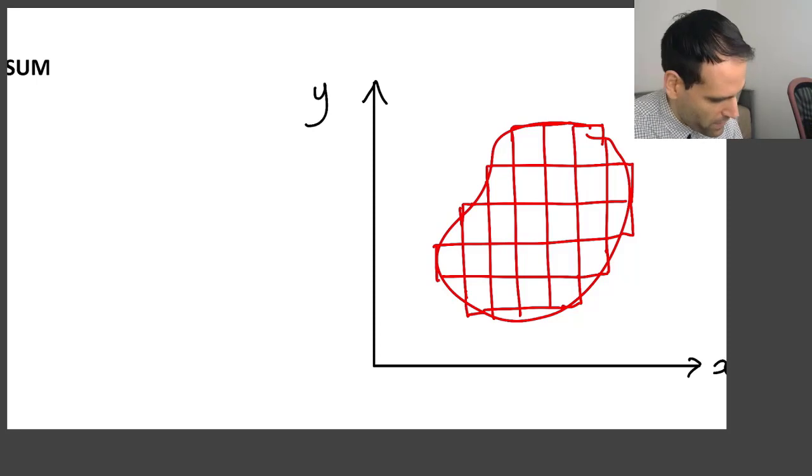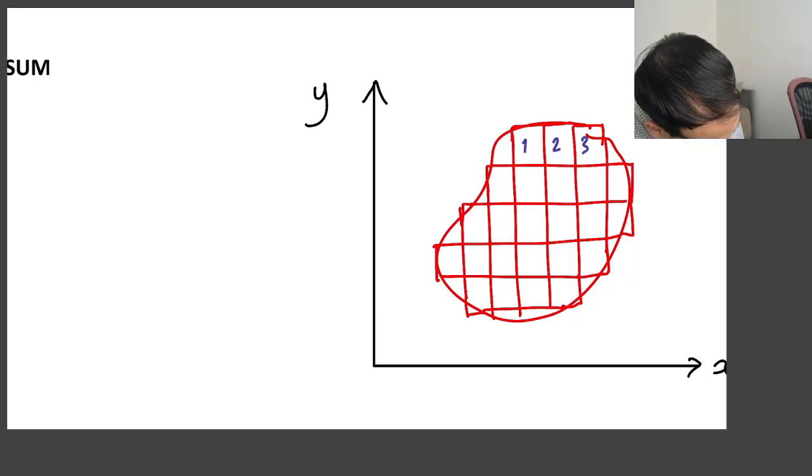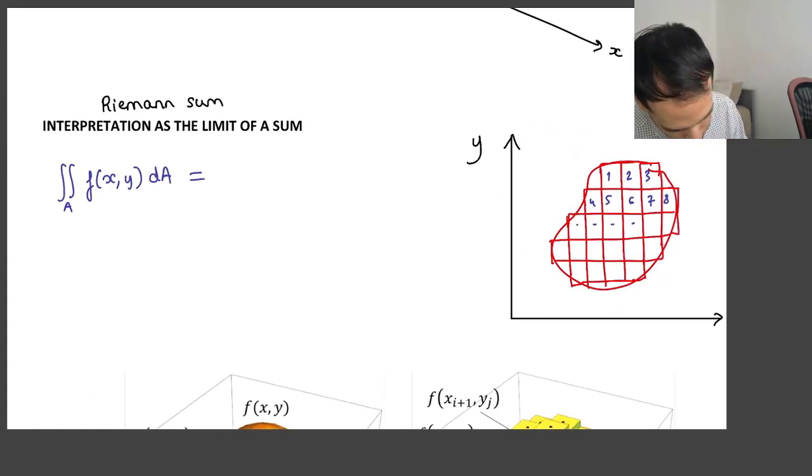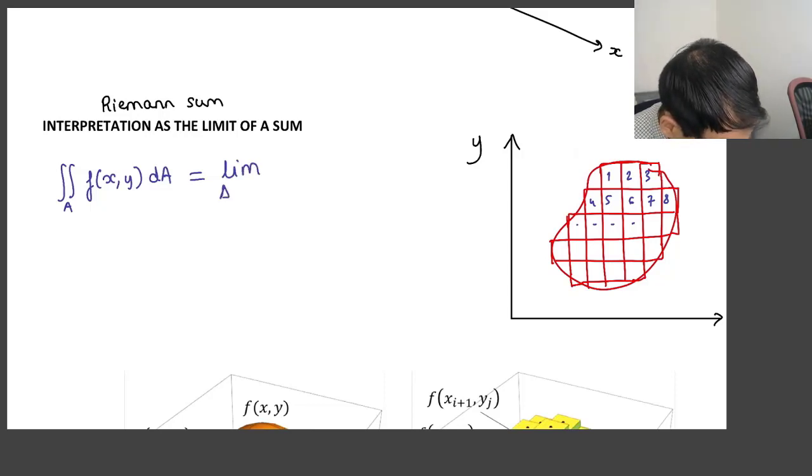Then we can number them: 1, 2, 3, 4, 5, 6, 7, 8, and so on. So then what we have to do is the limit when this area delta A goes to 0, and remember that delta A is the area of each of these squares.